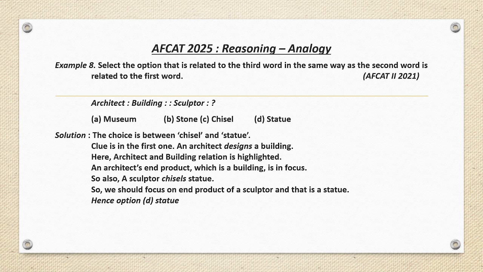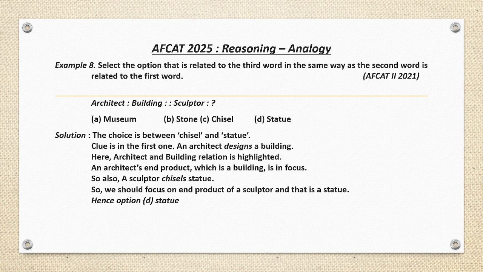Chisel and statue, these two words are also related to sculptor. Okay, what is the architect doing? Building. Architect is designing a building, right? Now if architect and suppose some drawing instrument is there, then further the relation here could be sculptor and chisel, right?